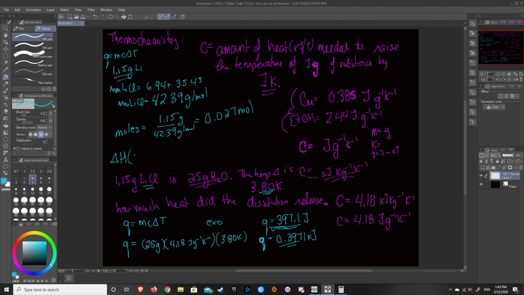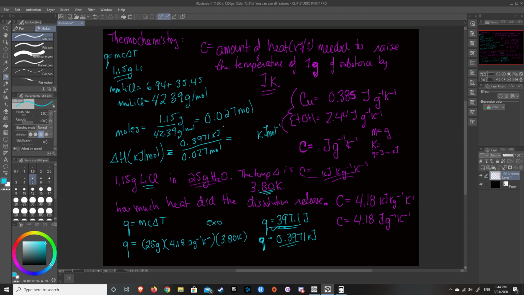Remember, the units of enthalpy are kilojoules per mole. So to calculate the enthalpy change, you take the heat change, 0.3971 kilojoules, divided by how many moles, 0.027 moles. That'll give us kilojoules per mole.